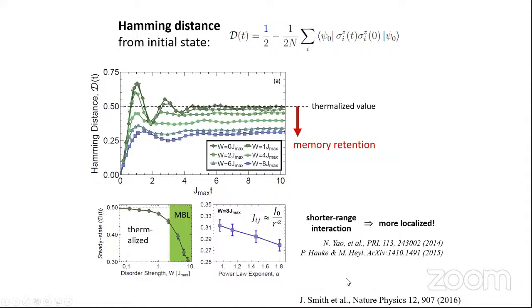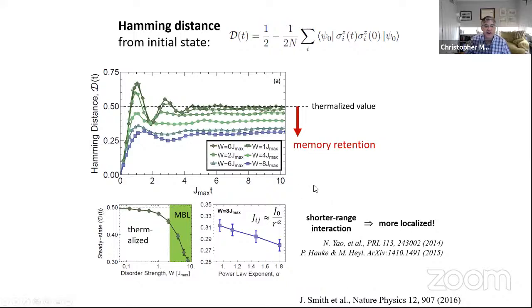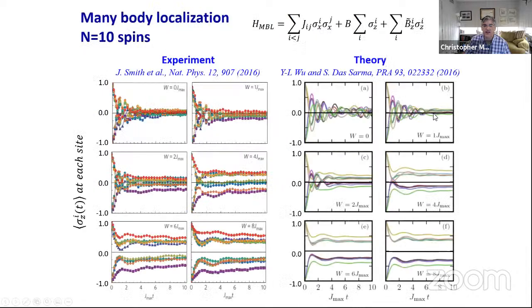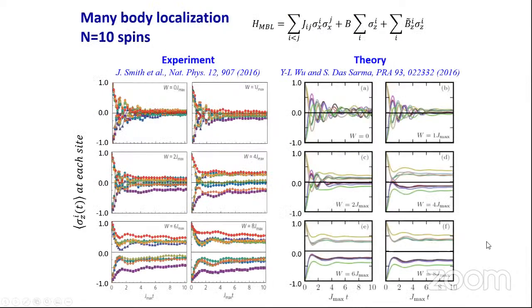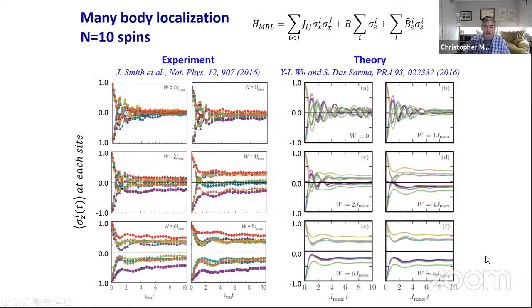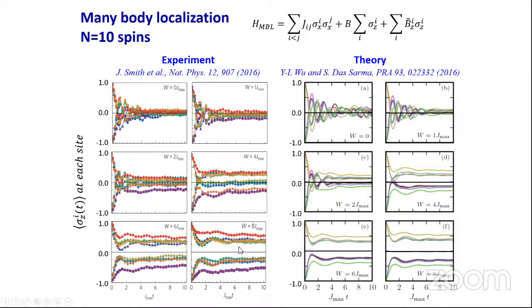Did the theory include any decoherence, or was the theory pure Hamiltonian? The theory here was no decoherence. Yes, that was pure Hamiltonian. We spent a lot of time trying to match it more perfectly, and it's a tricky thing.